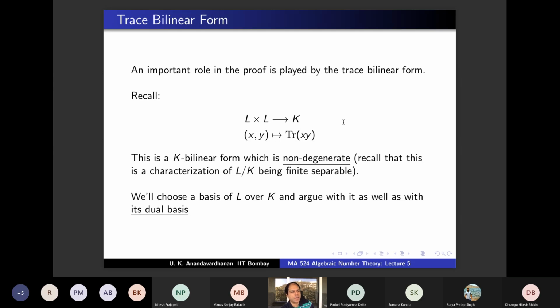I'm going to define my dual basis as Wj such that B of Vi, Wj is delta ij. Then you can ask the question, does it always exist? And one will have to show that it does exist. Agree with this formulation?